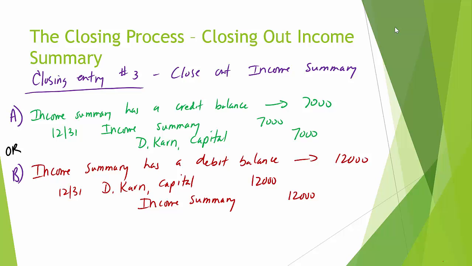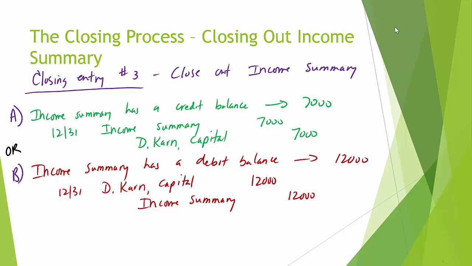Now again, this separate, totally made up illustration, letter B here, what if we had income summary has a debit balance of $12,000? Well, think about it. If you have a net loss, you have to subtract from the owner's capital account on the statement of owner's equity. So in this case, to close it out, we'd have to debit the capital and credit income summary.